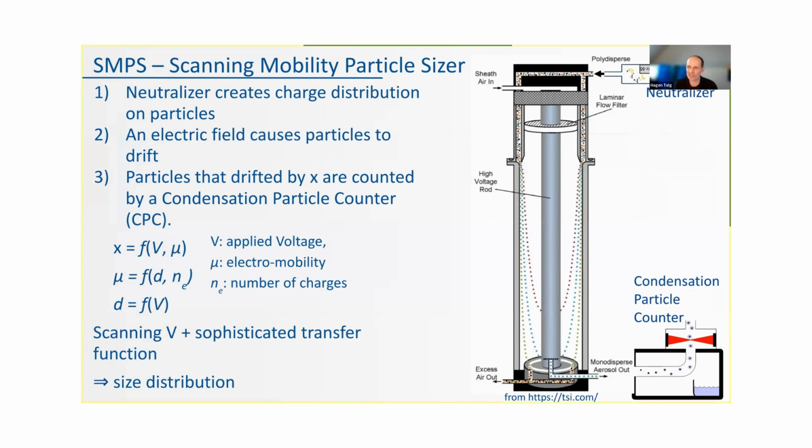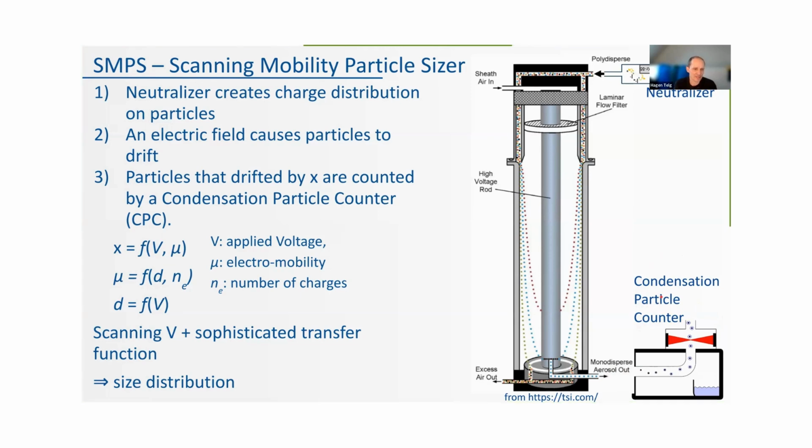The way that is achieved is you start with introducing some charge distribution on your particles, which is done with these neutralizers, and then it enters the main part of the instrument. When it enters the electric field, all these charged particles start to drift, and only particles that drift by a very particular amount will then enter these slits and eventually get counted with a condensation particle counter.